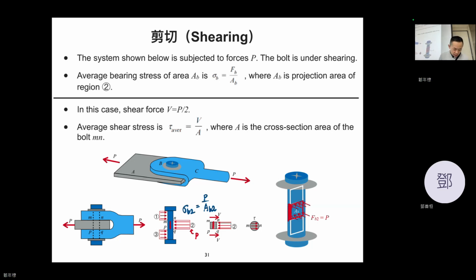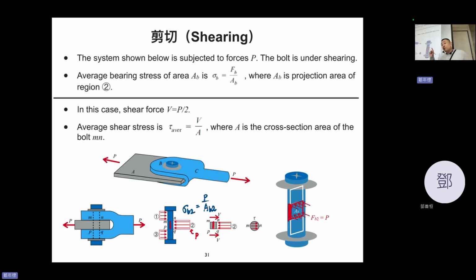Now, so the bolt has different regions. So they have different regions, different loading conditions. So in different positions, they may have different bearing stress.